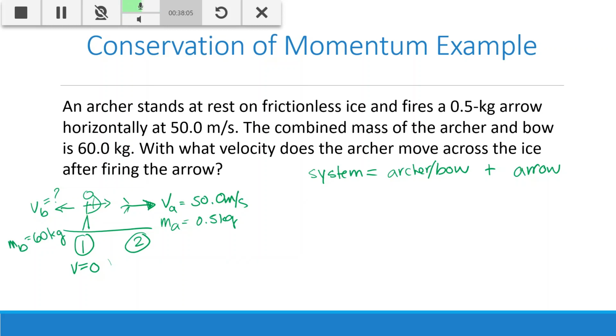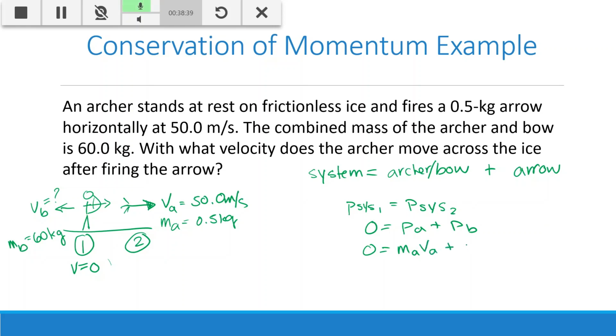So we can write an equation that says the momentum of our system at the start has to equal the momentum of our system at the end. The momentum at the start is 0. The momentum at the end is going to be the momentum of A plus the momentum of B. Momentum of A is going to be MA times VA.